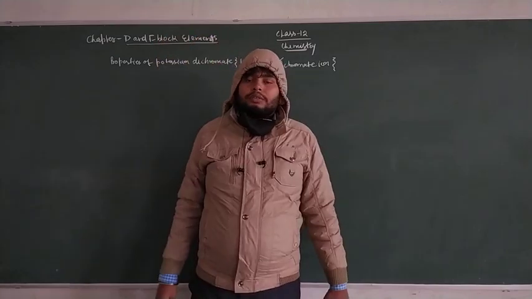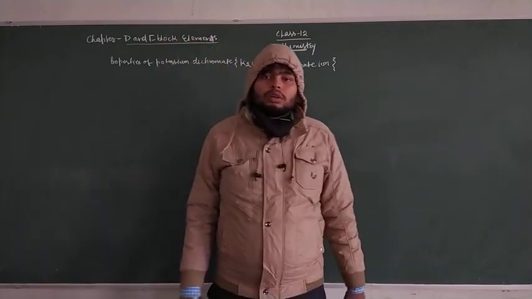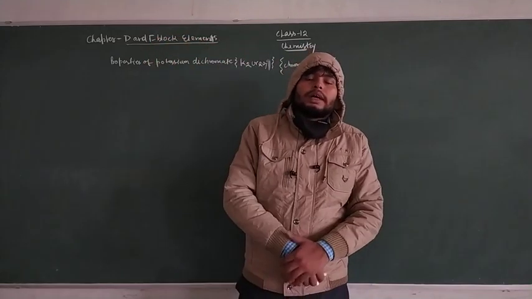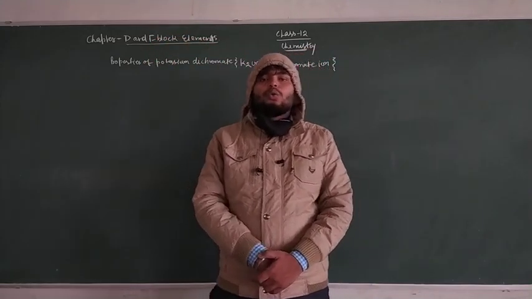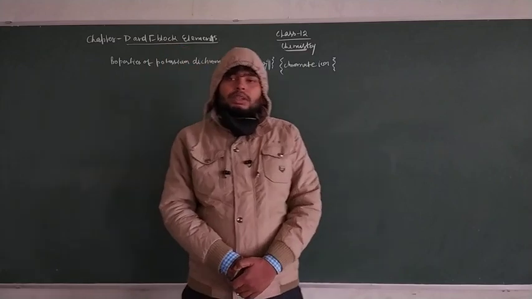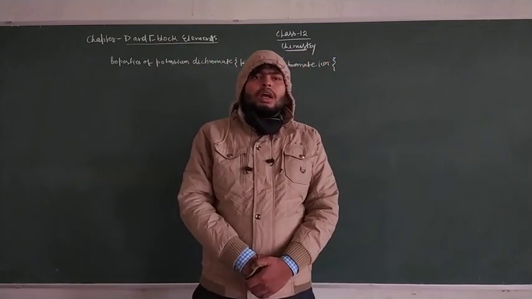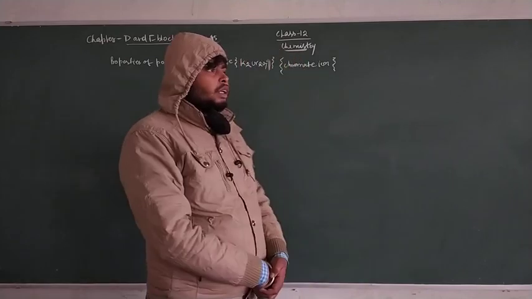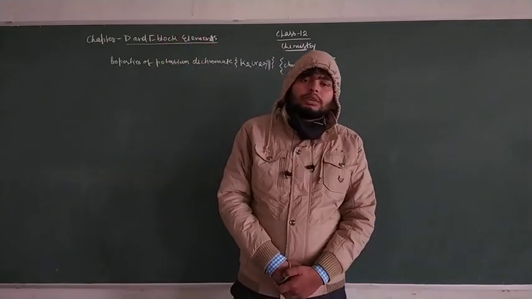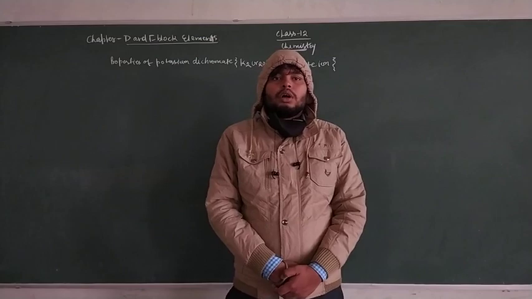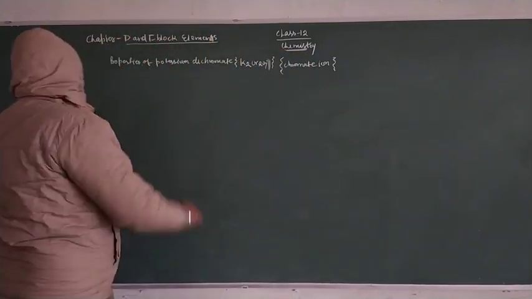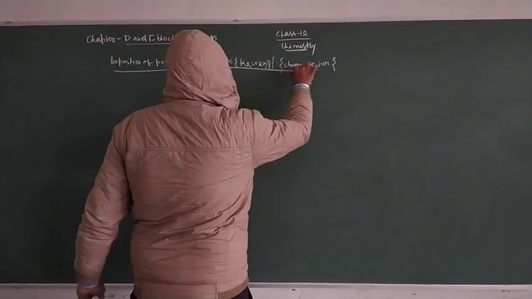In the previous section of the video, we discussed some properties, that is the action of heat, and the action of bases, that means how potassium dichromate combines with bases and what products are formed. We discussed the formation of changes in color in terms of the properties. So those are all the topics we discussed.